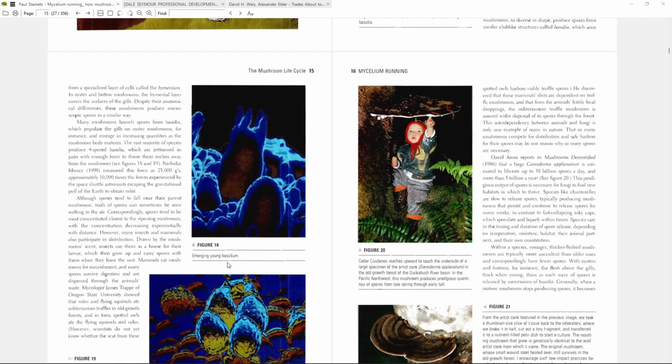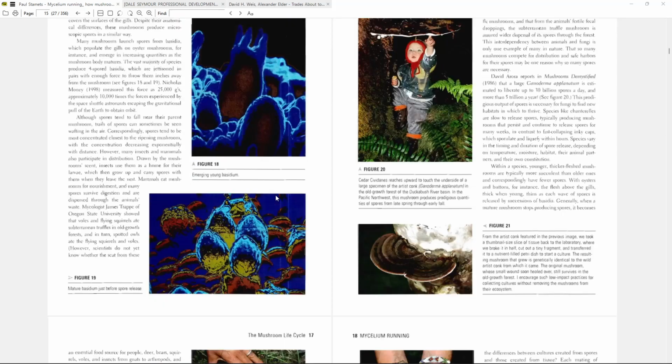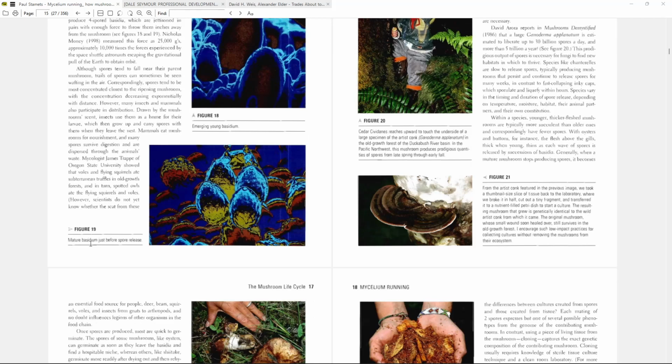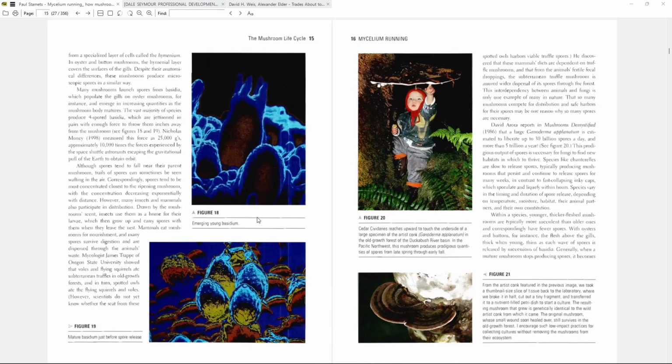Figure 18, an emerging young basidium. Figure 19, a mature basidium just before launch. Nicholas Money measured this force as 25,000 g, approximately 10,000 times the forces experienced by space shuttle astronauts escaping the gravitational pull of the Earth to obtain orbit.